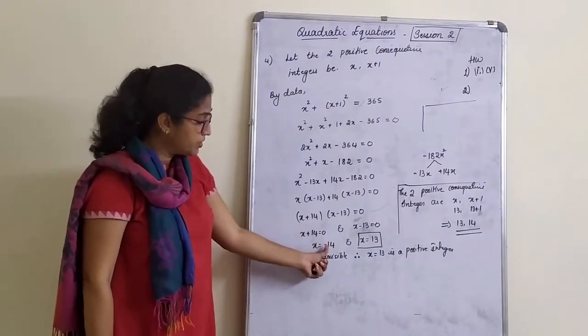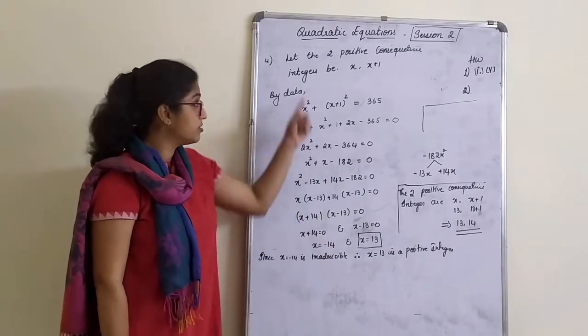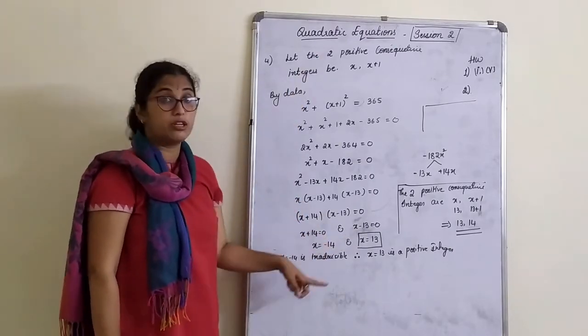If in case it was plus here, this could be considered. But since it is a negative integer, read the question, both the numbers will not be in the answer.